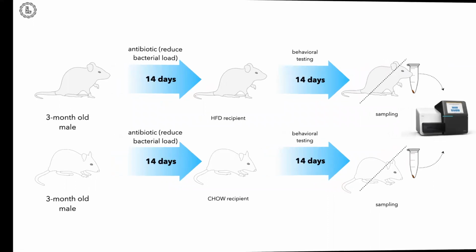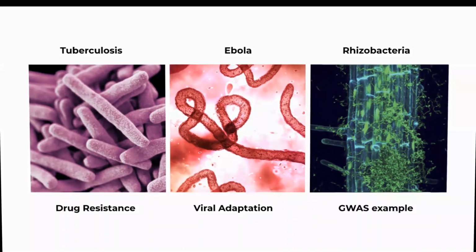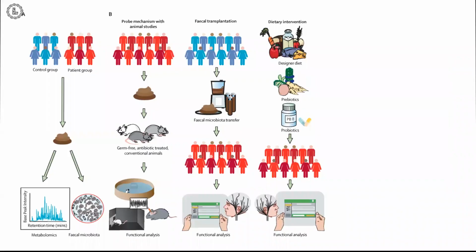So we'll also look at how we can apply metagenomic sequences to study examples such as tuberculosis, which is a mycobacterium, Ebola, which is a virus, or rhizobacteria, which is an important class of microorganisms that can have a huge impact on crop production. Other exciting research opportunities using microbial data and metagenomics include the study of treatment impact.